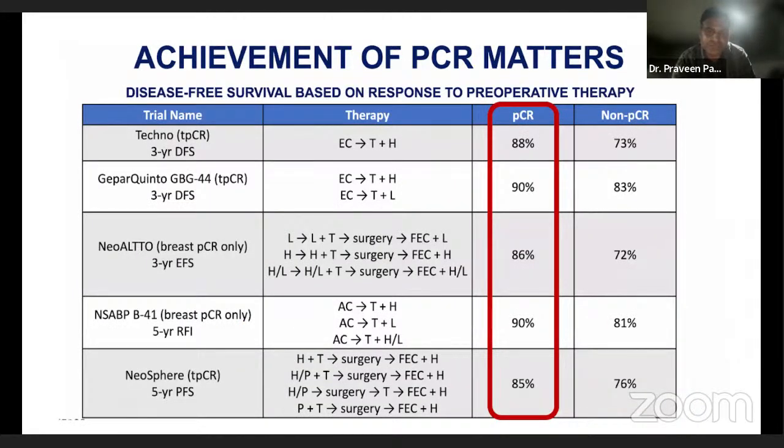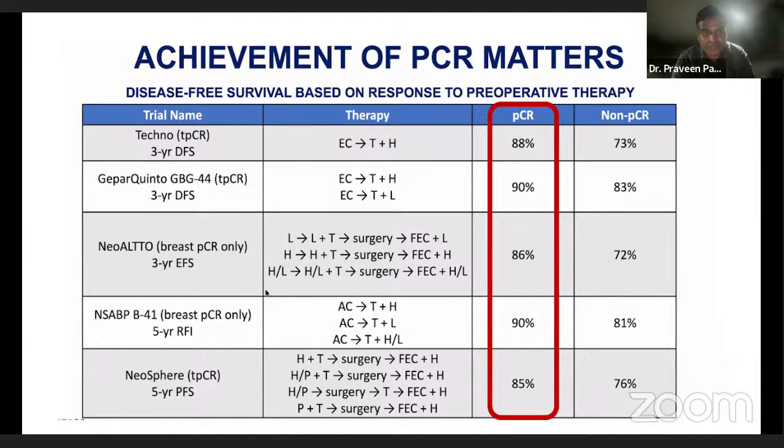We have mature data at least for HER2 positive and triple negative breast cancer. Patients who got the pCR after completion of neoadjuvant chemotherapy do well compared to the group of patients who are non pCR.